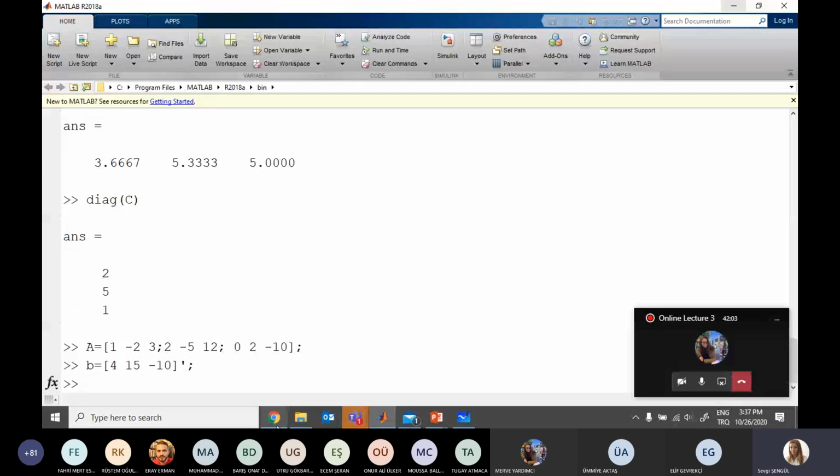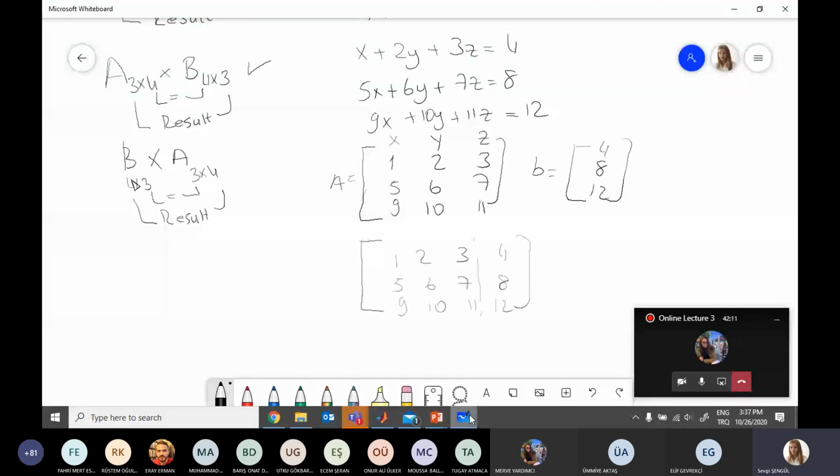Now you know that if you have a system like that, what kind of system do we have here? A times, let's say, big X equals B. A is this matrix, B is this matrix, and X is x, y, z.